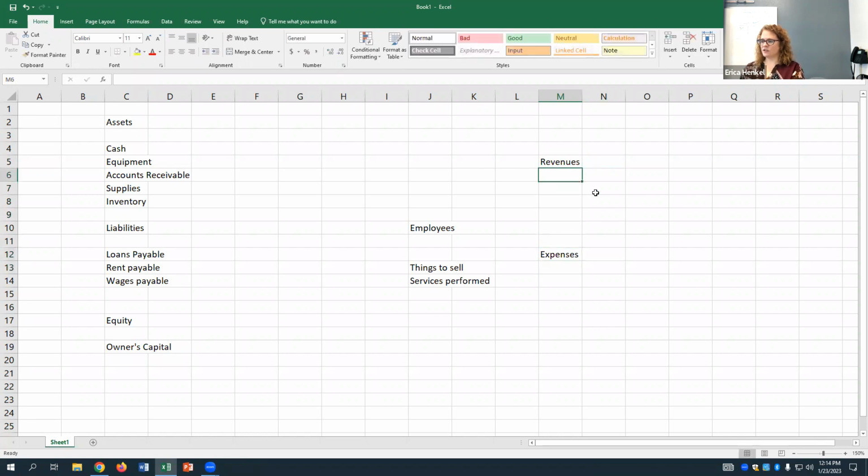We talked about service revenues, and I'll put sales revenues here for the things we would sell, and we talked about the wages expense. So now we've got these covered.